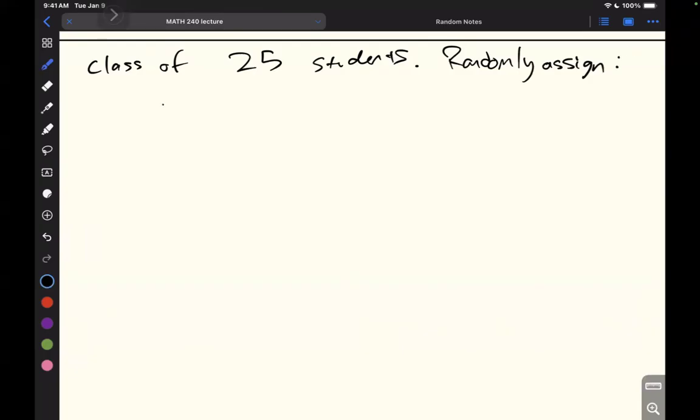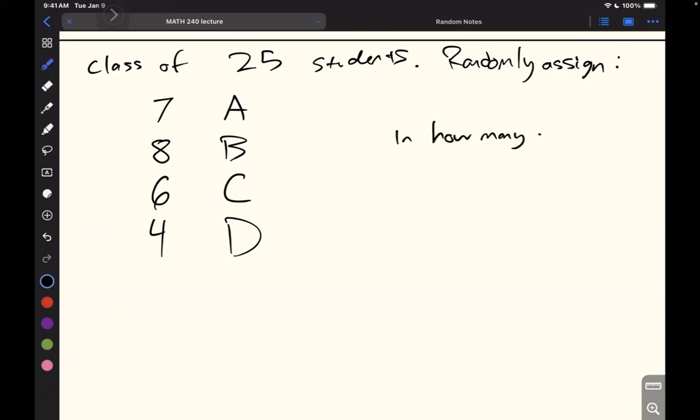I'm randomly assigning 7 students get an A, 8 students get a B, 6 students get a C, and 4 students get a D. In how many ways can this be done? Think about it, 30 seconds.